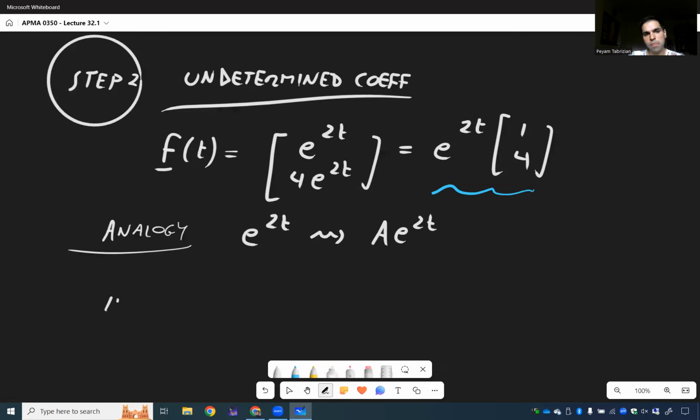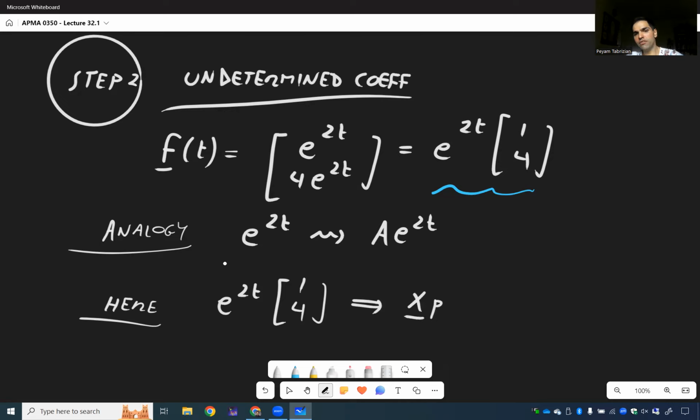So here, e to the 2t times (1, 4) gives you xp of t is e to the 2t, but this time with a constant vector.